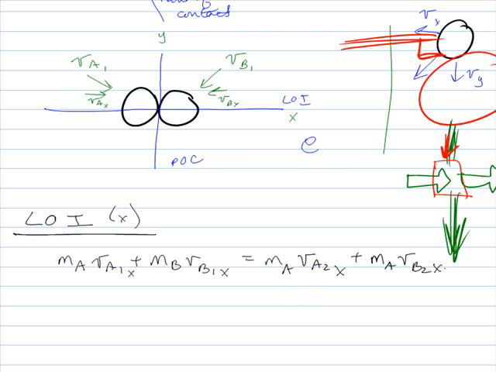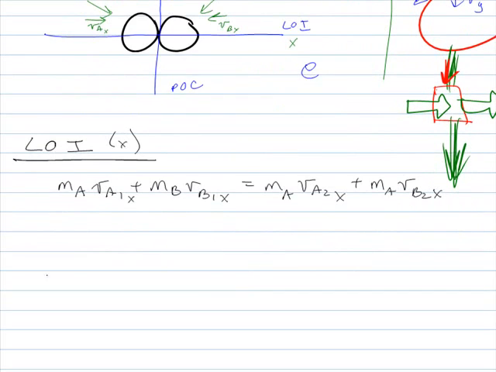So the x components of the velocity are satisfied by conservation of momentum. And similarly, we can say that along the plane of contact, or y, that's met.